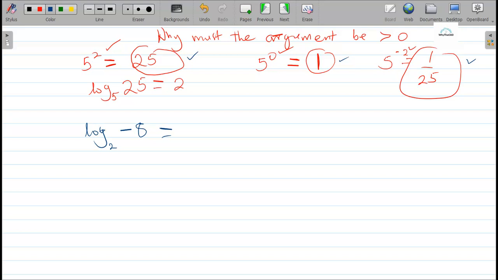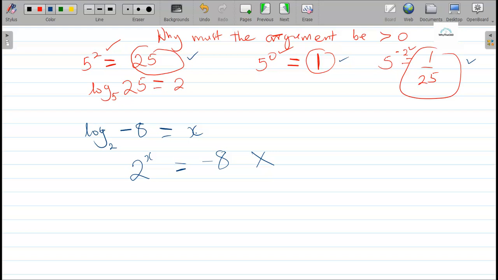We say x is the exponent, so the base raised to the power the exponent is equal to the argument, which is negative 8. 2 to the power x equals negative 8. But 2 to the power of any number will never be negative 8. So this also becomes ambiguous. We don't want that to happen, so the argument must always be greater than 0.